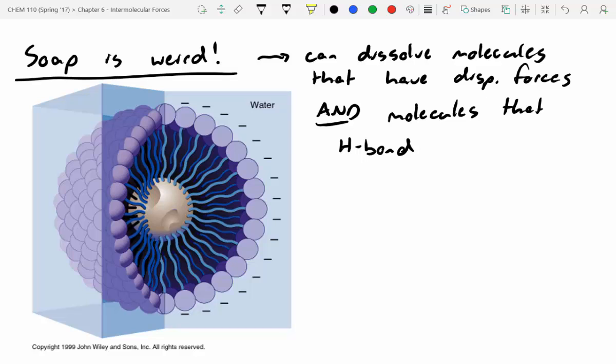So if we look at the soap molecule on the left, this is something called a micelle, right? It's a big three-dimensional sphere. And on the outer side, all of these little circles on the outside are ionic, meaning they are attracted to polar molecules.